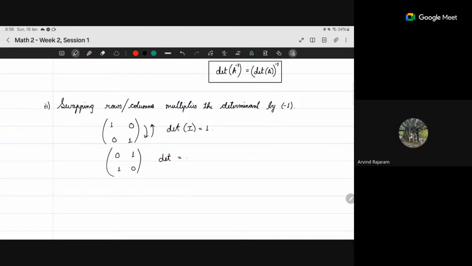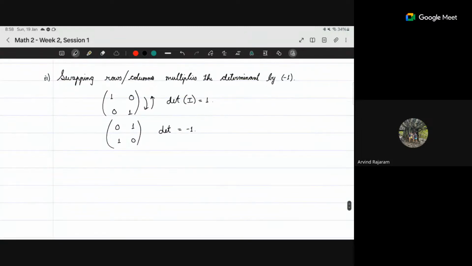Minus 1. 0 minus 1. So this you can see very clearly over here, and if you work with examples, you can see it in other cases as well. But the general principle is that if you swap 2 rows or 2 columns, doesn't matter which one you do, there is a negative sign that is introduced.